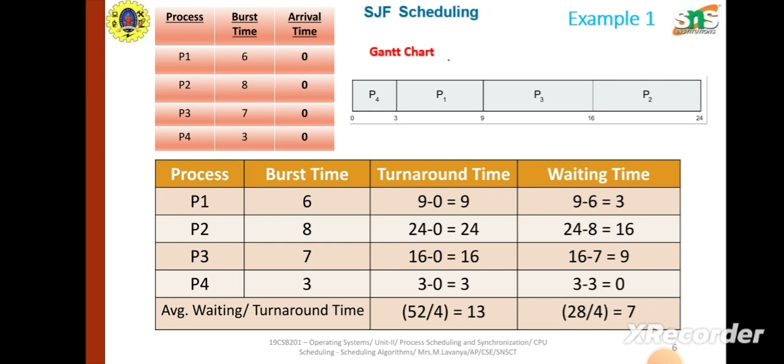Then for finding the average waiting time, we will be finding the average for P1, P2, P3 and P4, right? So 3 plus 16 plus 9 plus 0 equal to 28 milliseconds. 28 divided by 4 equal to 7 milliseconds is the average waiting time for this process execution in SJF scheduling algorithm.